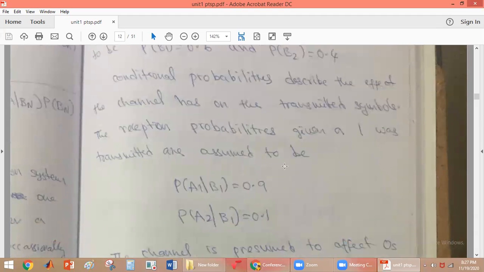It is also given the conditional probability, that is, the effect of the channel on the transmitted symbol.